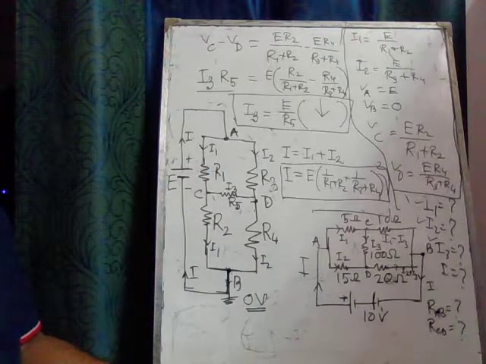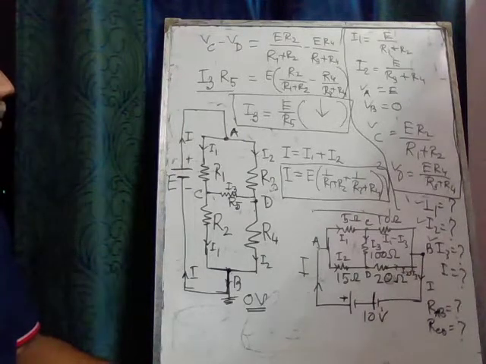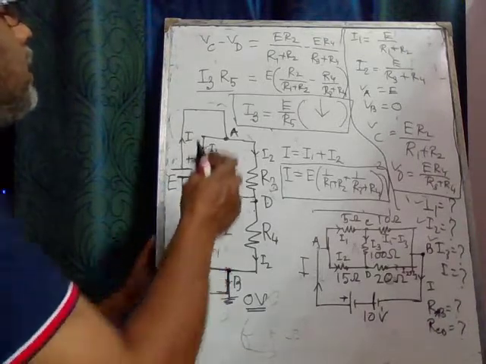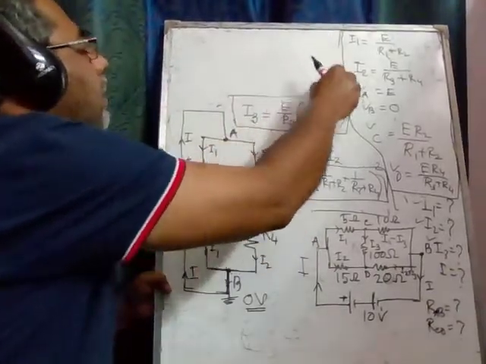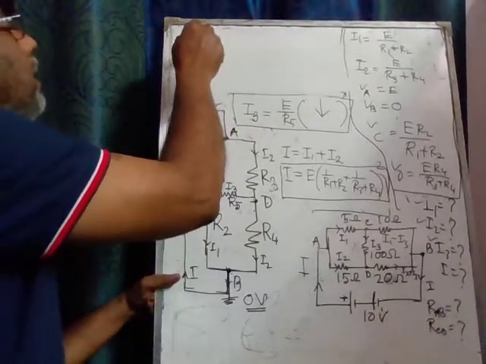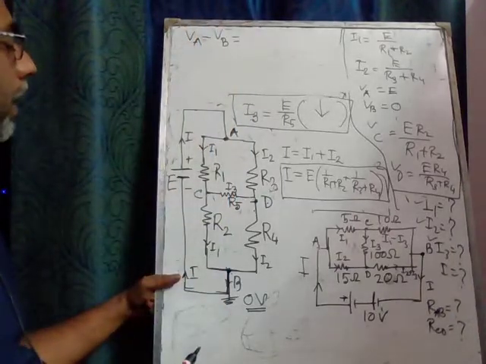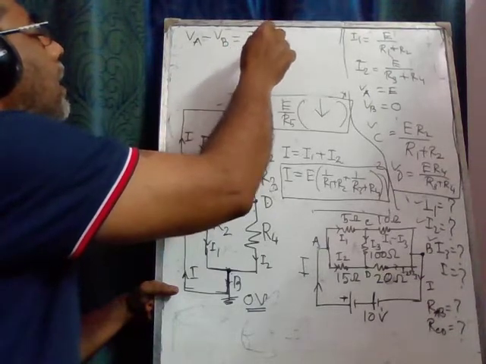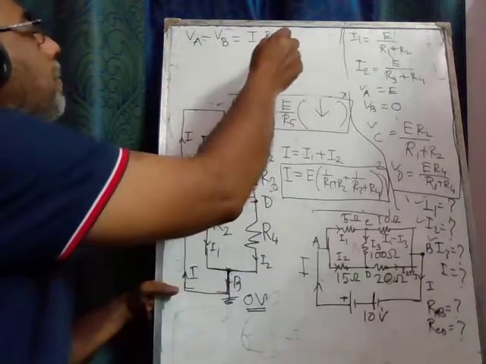So that can be estimated simply as follows. If we calculate VA minus VB, then we get a total current I and the total resistance, say R, which represents RAB.